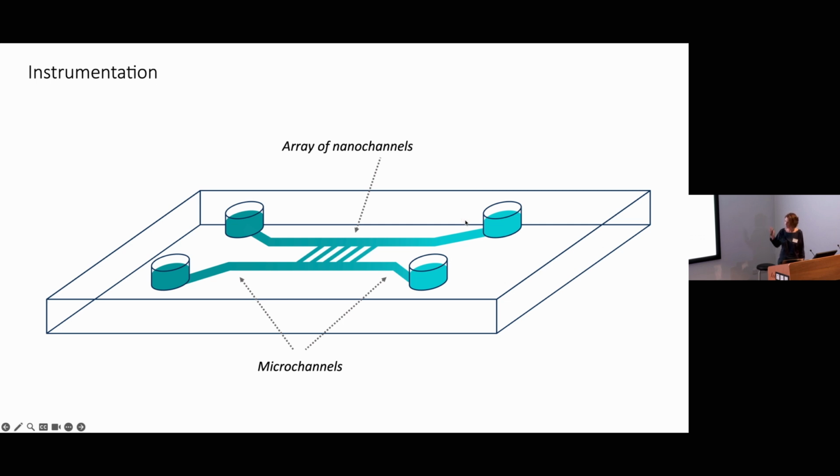The flow inside the chip we control by pressurizing the inlet. One notable advantage here is the very low amount of analyzed sample. Right now, a couple of microliters is enough to basically fill the whole system.